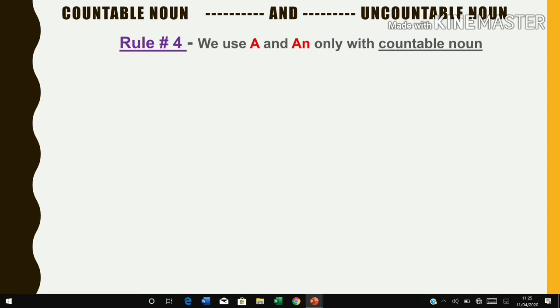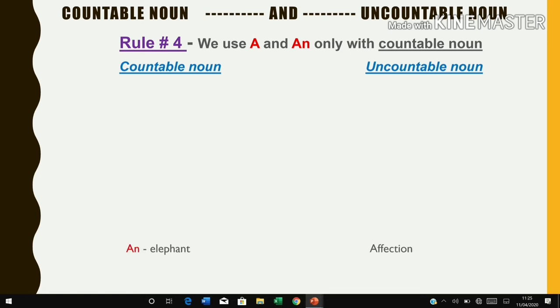we know there are two types of noun, countable and uncountable. Countable noun means a noun that can be counted, with 1, 2, 3, 5, 10, 100, and so on. On our screen, there are a few words which are examples of countable nouns.